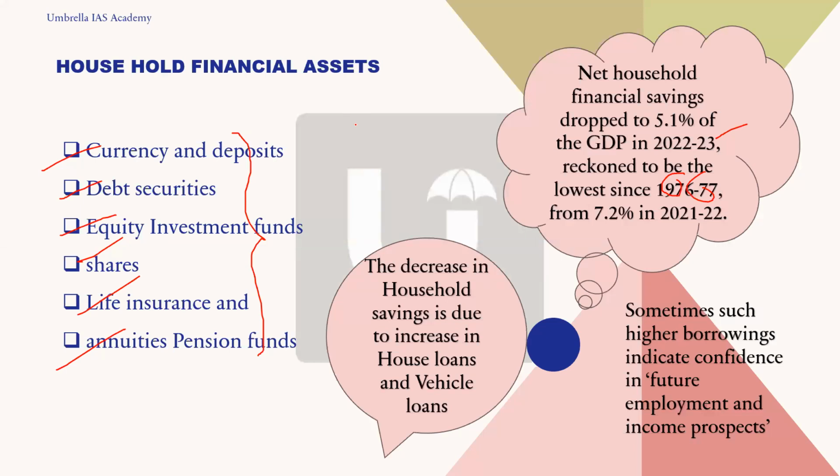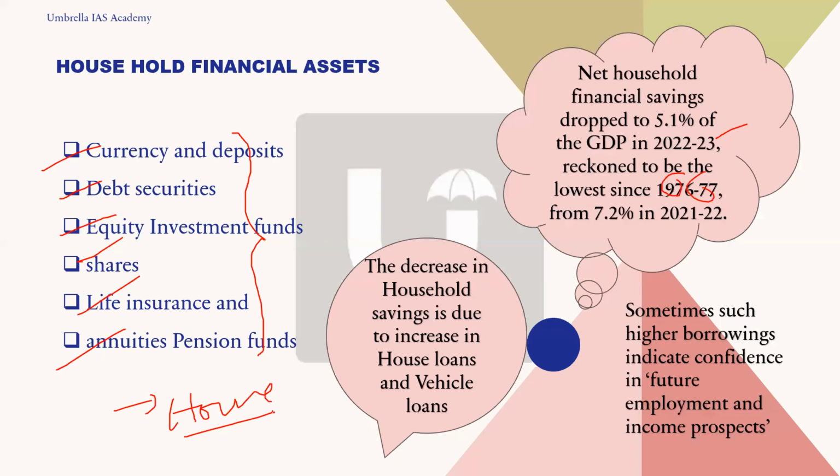Why this is happening, the finance minister has mentioned this. See, household savings means currency, deposits, everything. Now, for example, if I'm buying some fixed asset, like taking a loan to buy a house, what will happen to my savings?